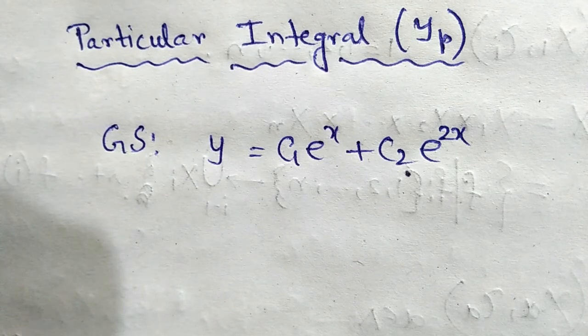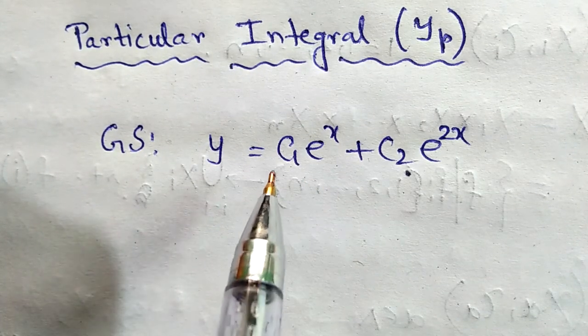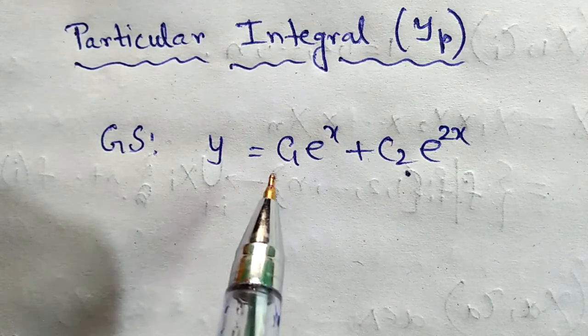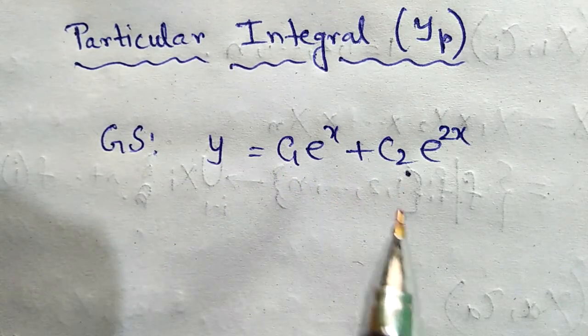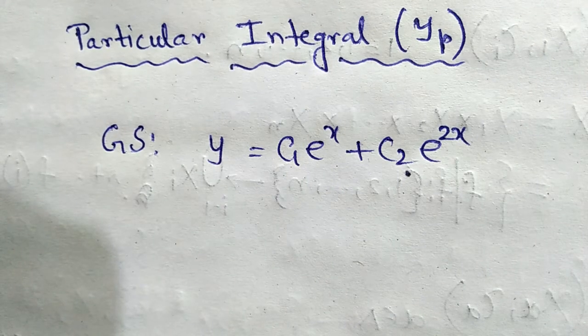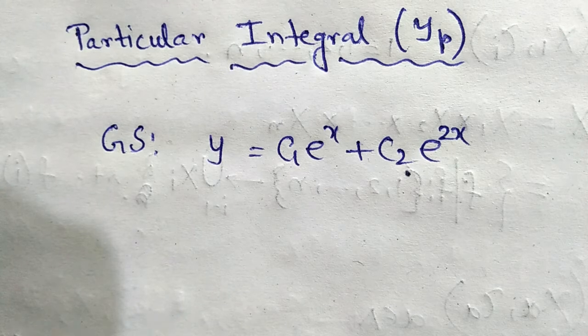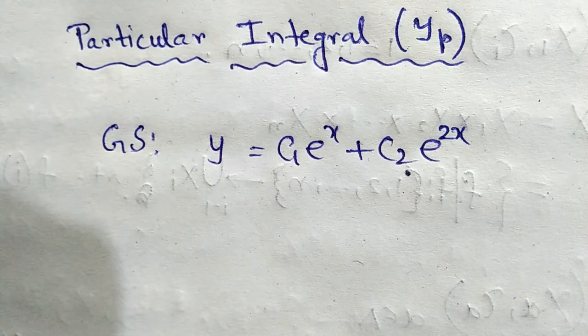Now for a specific value of each of these arbitrary constants, we get a particular solution. We know that corresponding to each value of c1 and c2 we get a different particular solution.